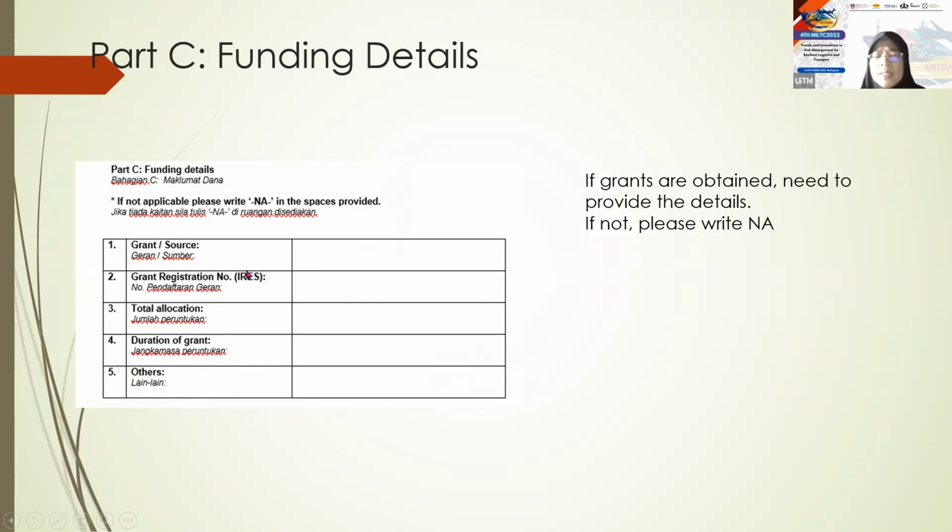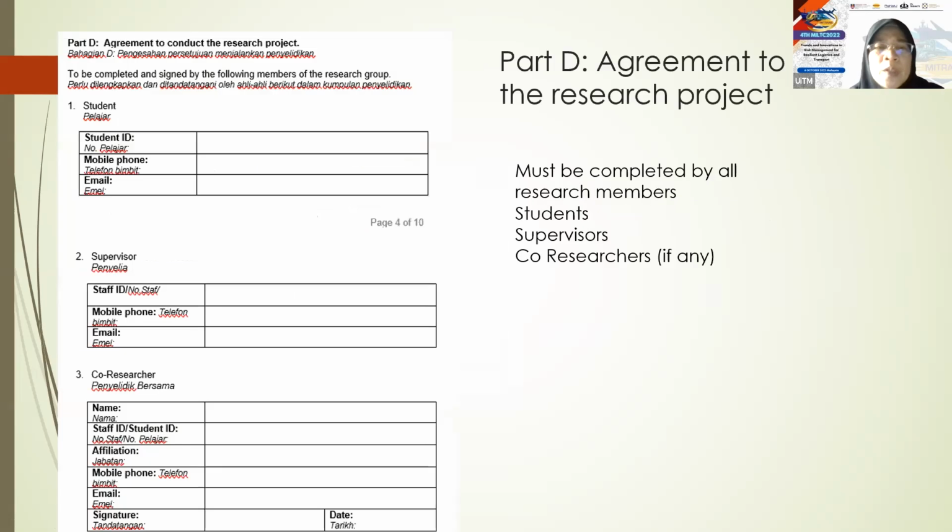If it is a no, in the form you can still put in not applicable. However, in the system, it will directly skip this part C, so you don't have to worry about it.